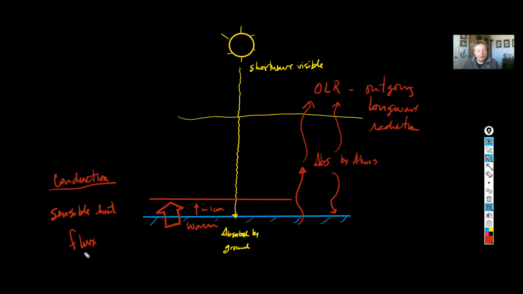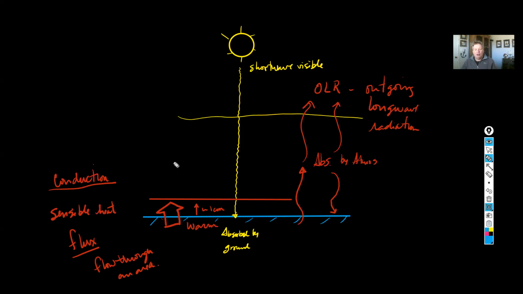Okay, now this arrow is going to be called a sensible heat flux. So I'm going to introduce this term, flux. Flux is a flow through an area. So what I want you to think about is that there's actually this sense that heat from the ground is flowing into this really narrow layer about a centimeter thick. Well, what is this layer called?